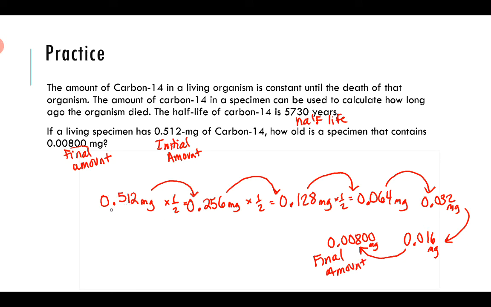Okay, so that's my initial amount. And so now we have to count how many half-lives have occurred. I've done 1 half-life, 2 half-lives, 3 half-lives, 4 half-lives, 5 half-lives, 6 half-lives. 6 half-lives.